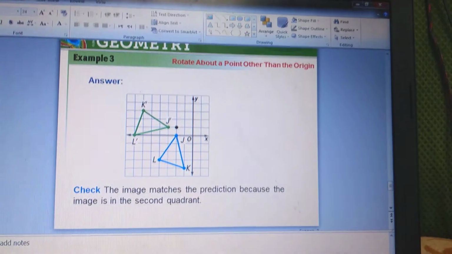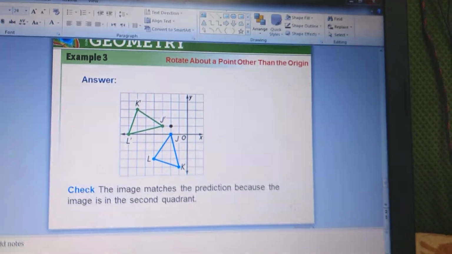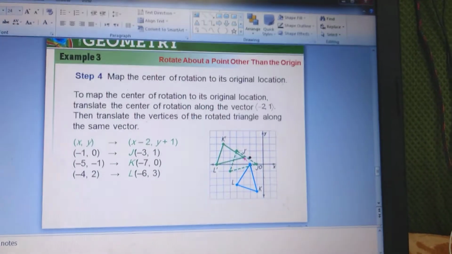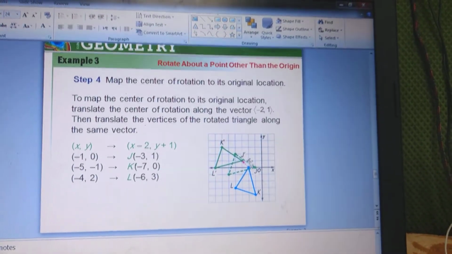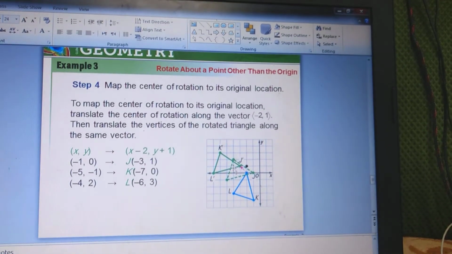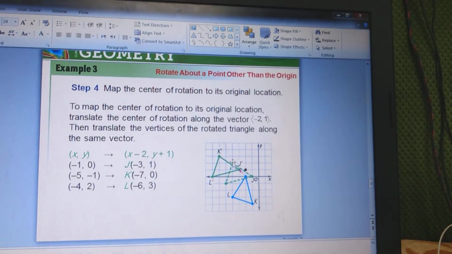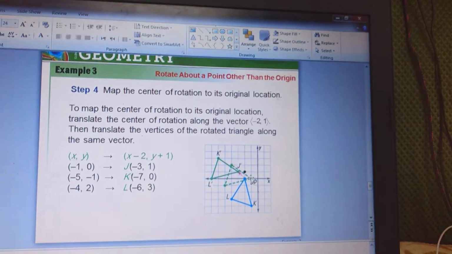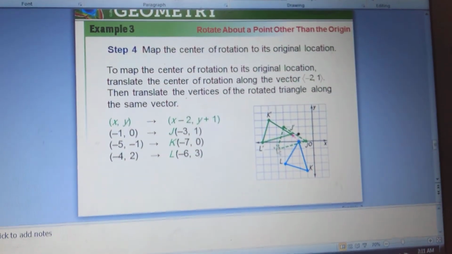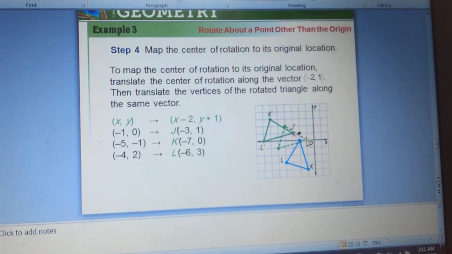Now the last step. I will translate this triangle, of course this triangle. Which triangle? The one that I get after I rotate 270 degrees.